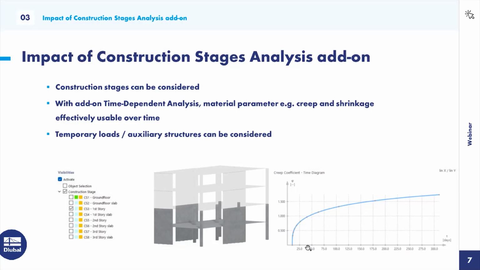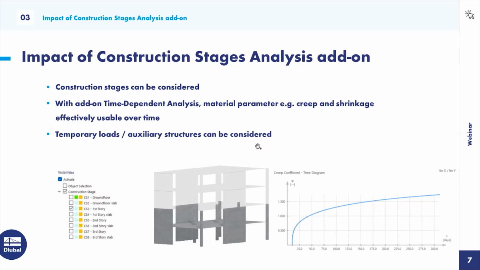So you see, after 30 days, it's a completely different creep coefficient in comparison to 120 or 150 days. So you will have influence only from these material parameters. And yeah, we can consider this when we use the construction stages and the time-dependent analysis. But I will also show you this later in RFEM 6.